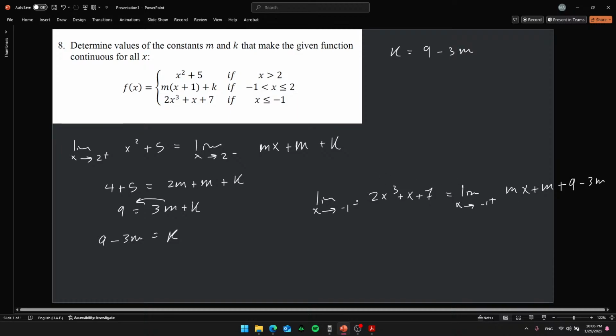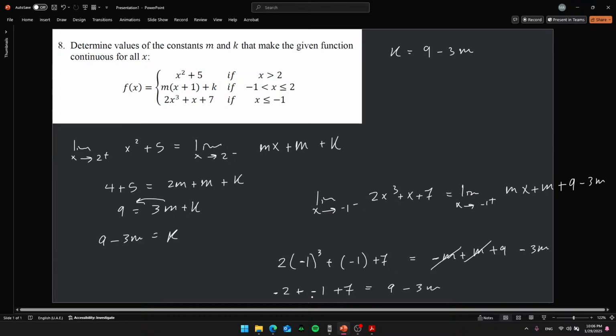Now substitute the negative 1. So 2 times negative 1 cubed plus negative 1 plus 7 equals negative m plus 9 minus 3m. So negative 2 plus negative 1 plus 7 equals negative m plus m cancels, 9 minus 3m.